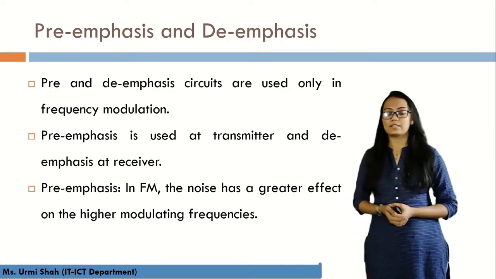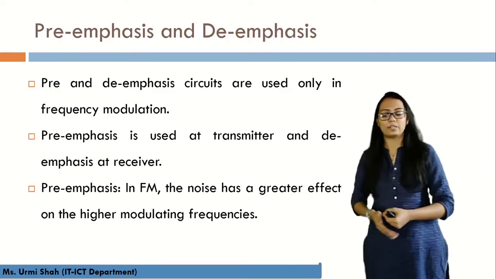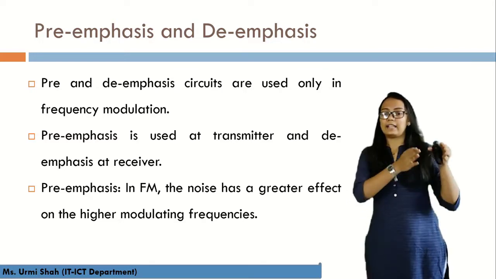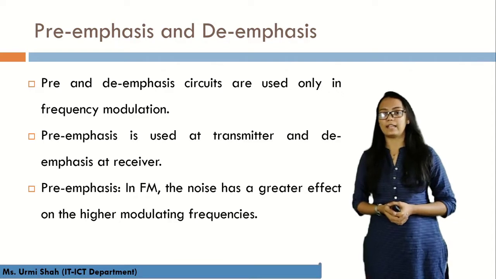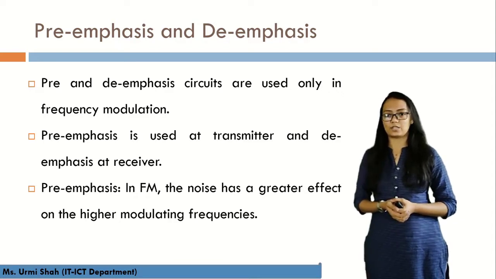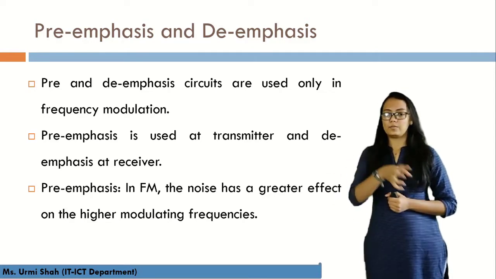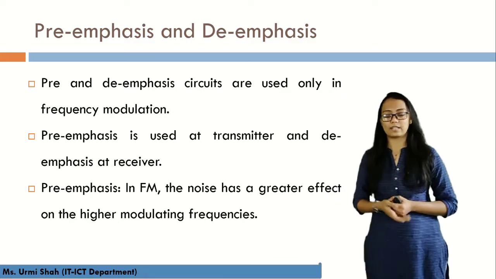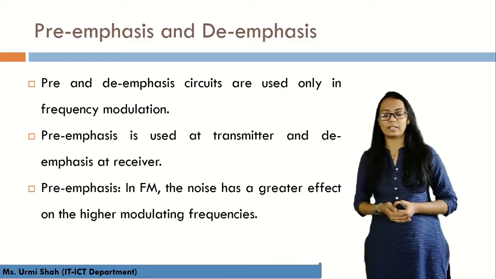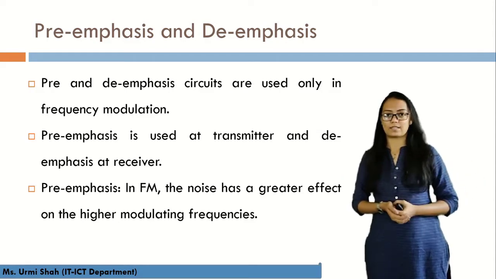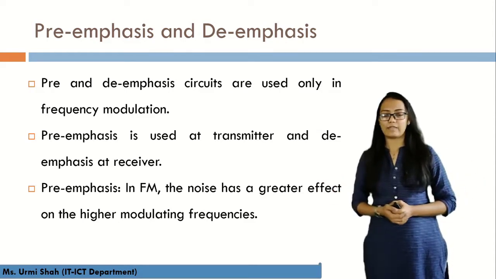Preemphasis is used at the starting point of FM modulation, that is the transmitter end, and de-emphasis is used at the ending point of FM modulation, that is the receiver end. So before the signal goes from the transmitter to the modulator circuit, we have a preemphasis circuit, and after the receiver we have a de-emphasis circuit.